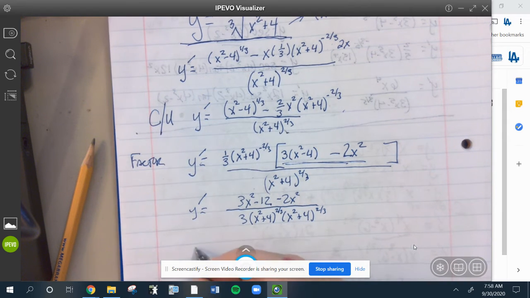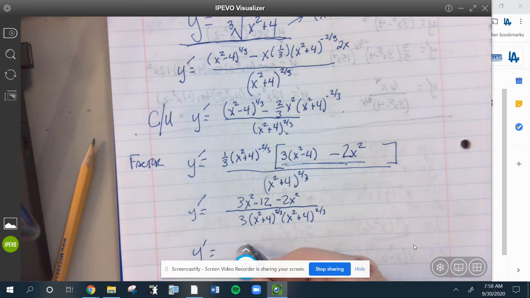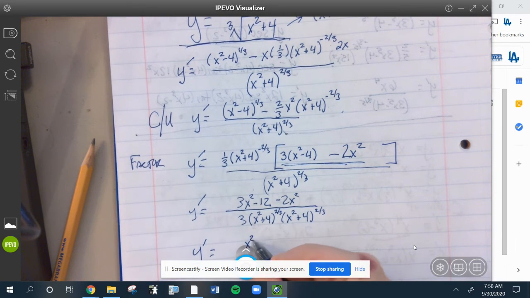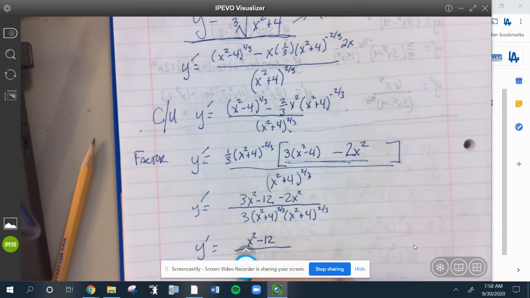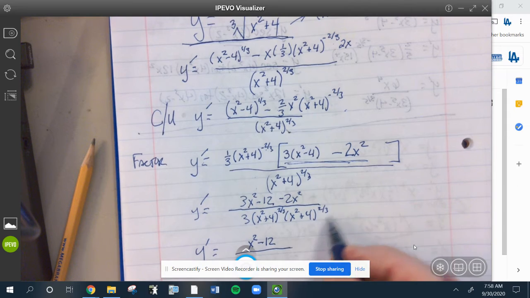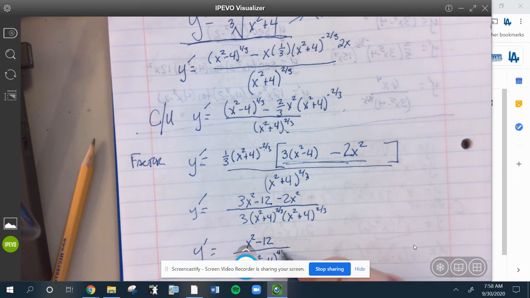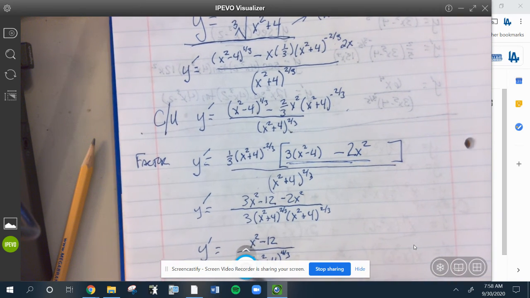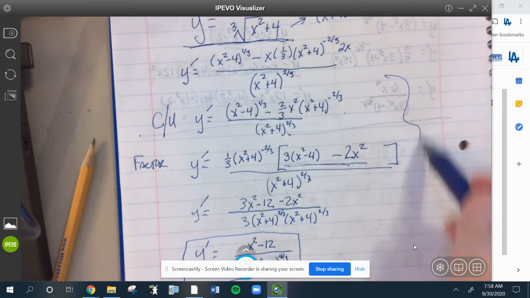Anyhow, this is 3x squared minus 2x squared, which is 1x squared minus 12. The bottom is 3. These are like exponents, so you can add the 2/3 and the 2/3 to become x squared plus 4 to the 4/3. And that is it. So the simplification, as always, is a pain.